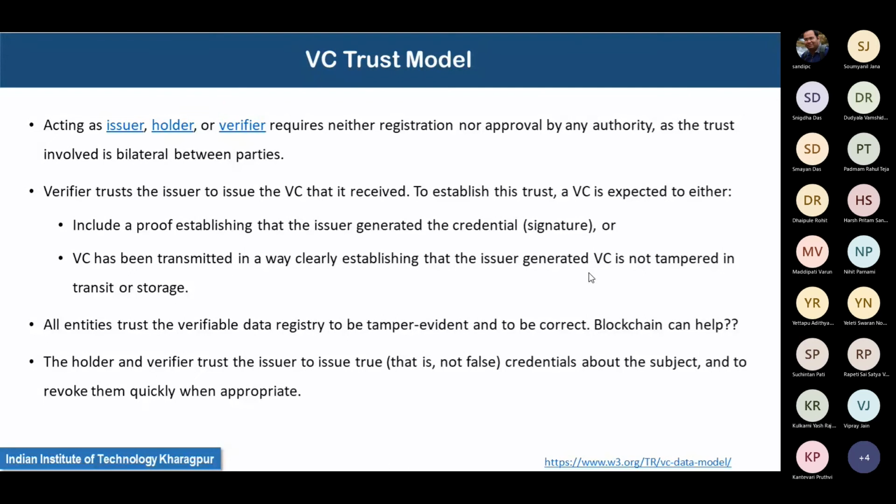Specifically, as we said about the data registry, we would expect that the verifiable data registry, the second last bullet here, should be tamper evident and correct, and that is where Hyperledger Aries can be of help. So we will take a look at that somewhere later this month.